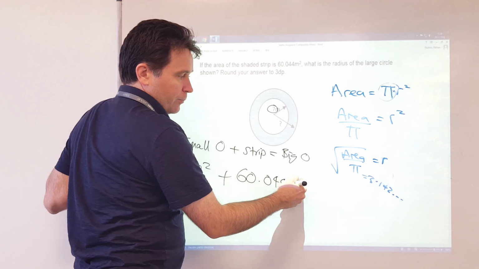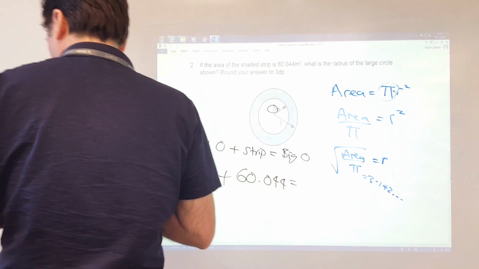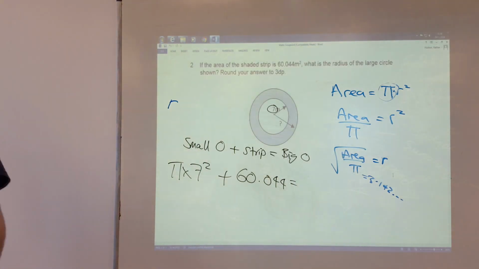Now, for the area of the big circle in this case, let me get my calculator. So 49 times by, is there a number for pi? I can't see it. I'll do 49 times by 3.142.